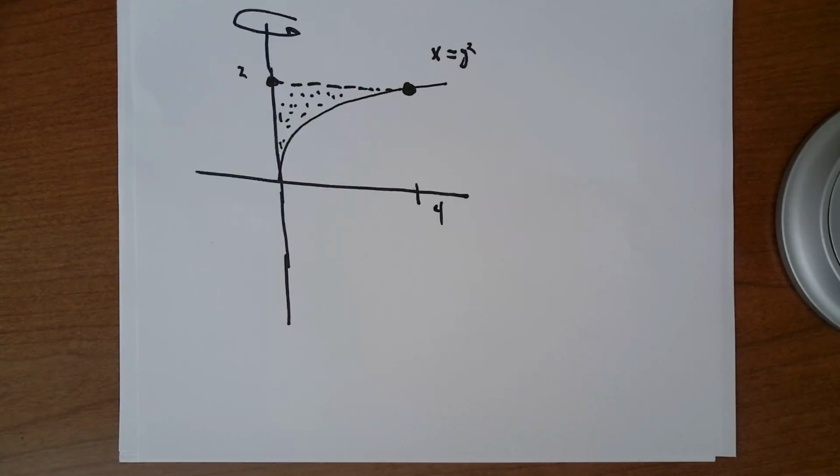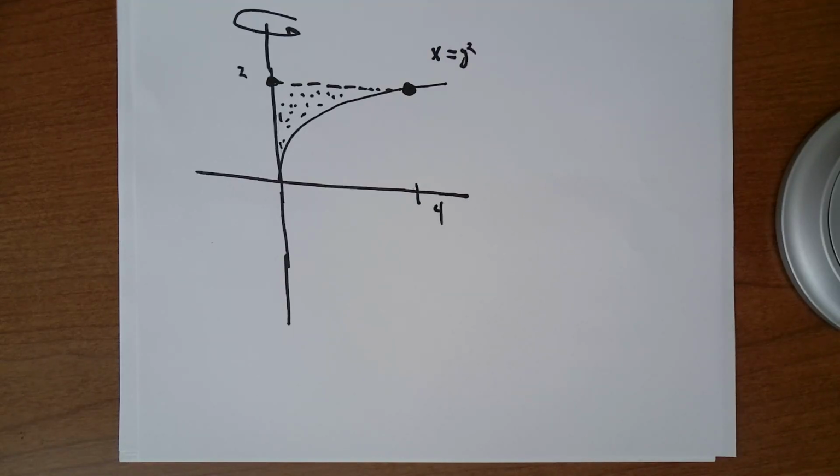I'm going to revolve the dotted in region about a straight line, except this time it isn't the x-axis or a line parallel to the x-axis, it's the y-axis instead.